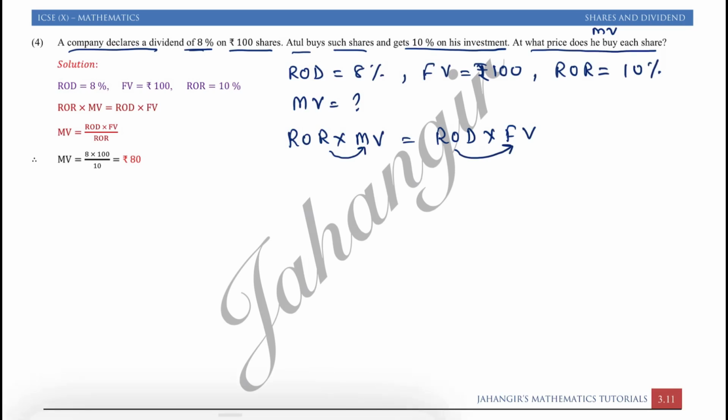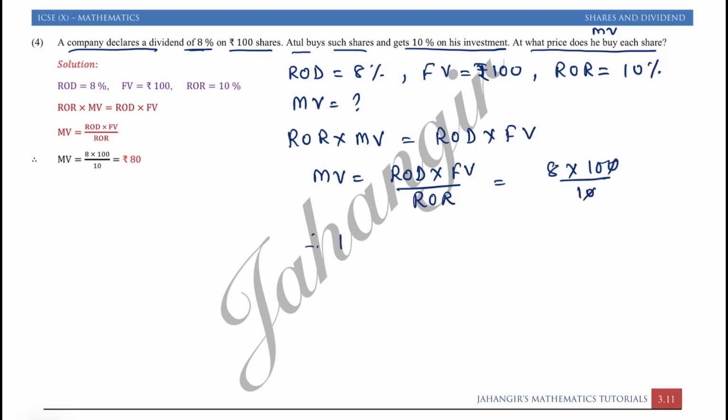So both sides are equal. Since we have to find MB, MB is equal to ROD into FV upon rate of return. So here ROD is 8% into face value 100 upon 10. 0 cancel. So therefore market value is rupees 80.